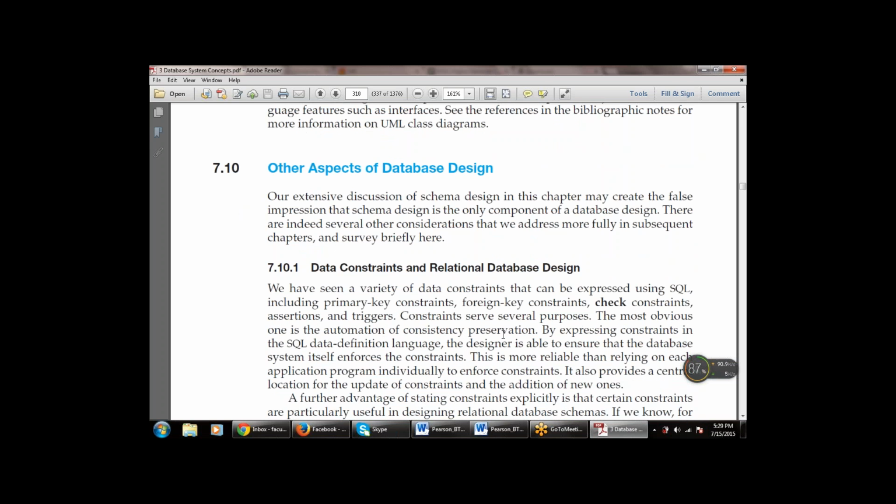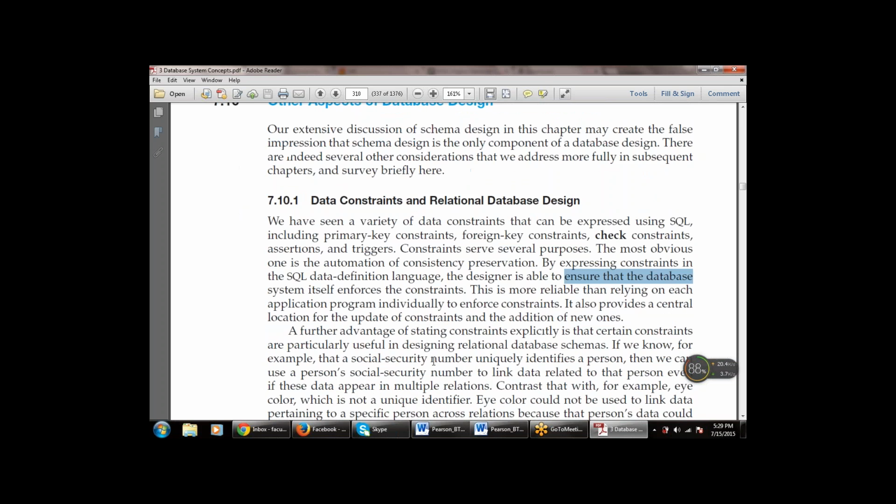Constraints serve several purposes. The most obvious one is the automation of consistency preservation. If I express the constraint in the SQL database language, the designer is able to ensure that the database system itself enforces the constraints. This is more reliable than relying on each application program individually. It also provides a central location for the update of constraints and the addition of new ones.